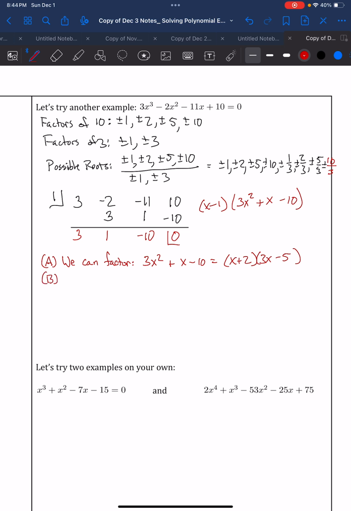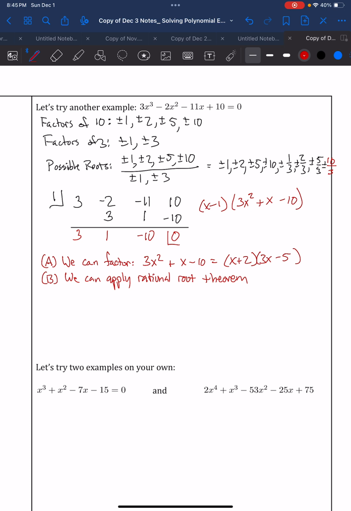But we could also apply the rational root theorem again. So we could try negative 1, we could try 2 or negative 2, 5 or negative 5, 10 or negative 10, plus or minus 1/3, plus or minus 2/3, plus or minus 5/3.